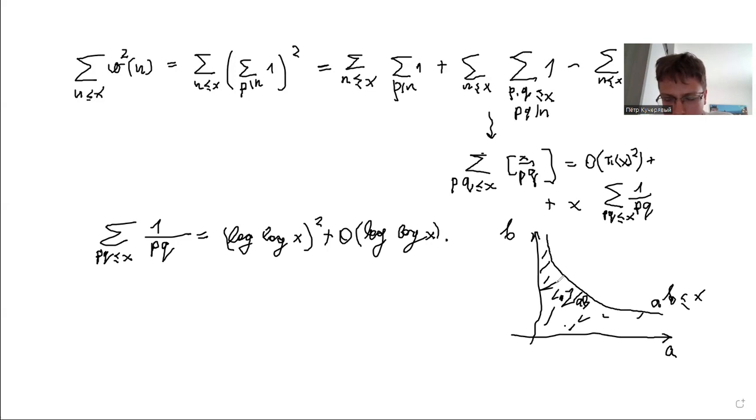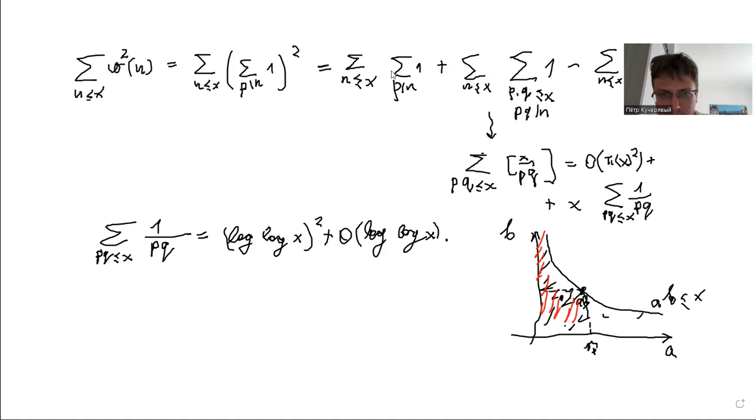And I want to say that we have symmetry. We can sum up to the square root of x, so we sum over this area, where p is less than the square root of x.